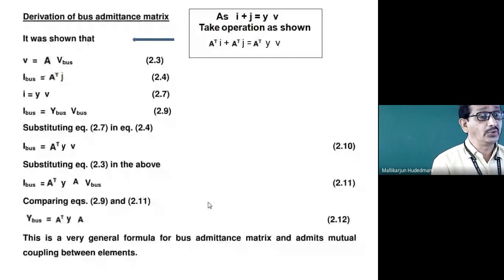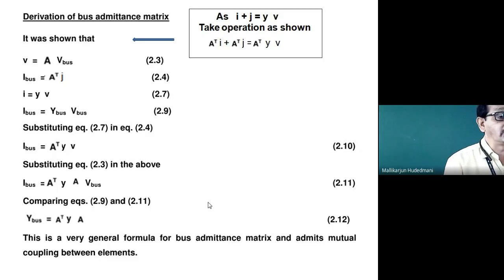I bus equal to A transpose Y, where V is replaced by small v, the voltages of each element in that system, lowercase v1, v2, v3, v4, v6, etc. From the bus voltage relationship by the A matrix, this is going to get transformed as I bus equal to A transpose primitive matrix Y into A and V bus.